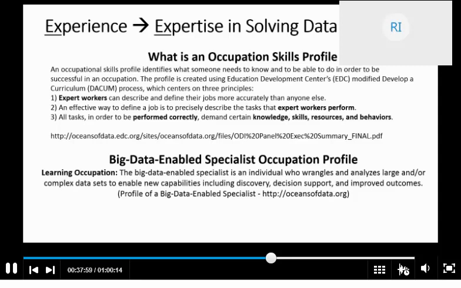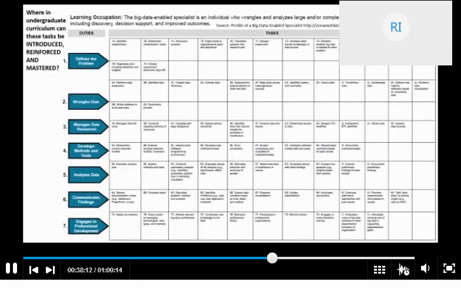This is one we are using, based on the Oceans of Data Center. What they've done is divide big data specialists, in terms of their duties and tasks, into 7 duties and tasks.